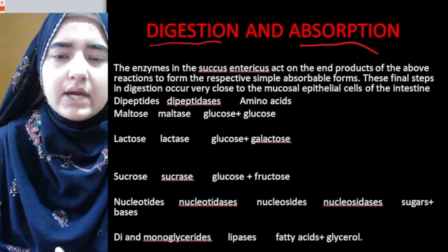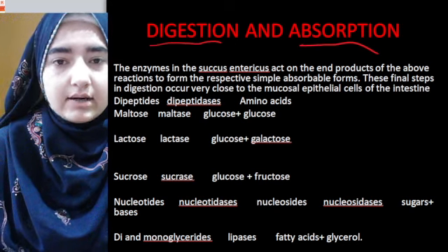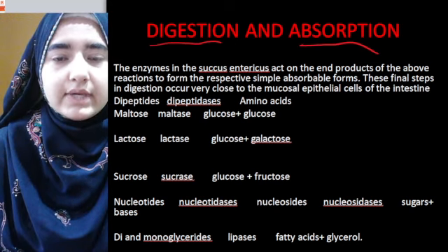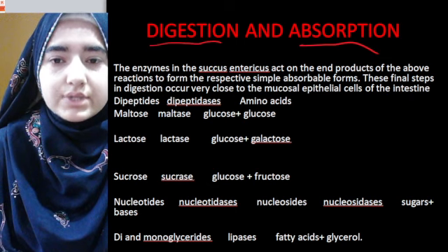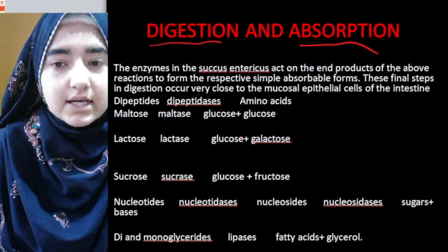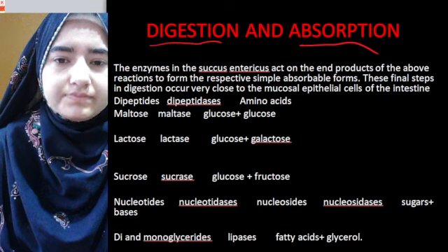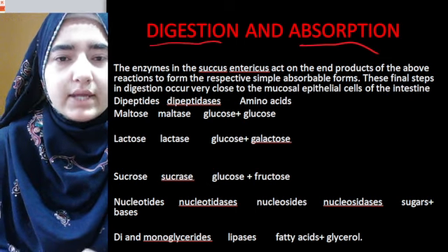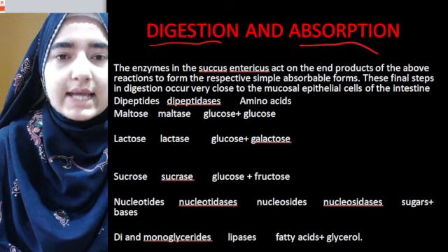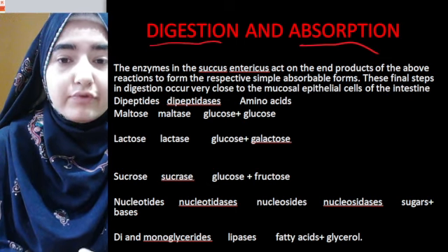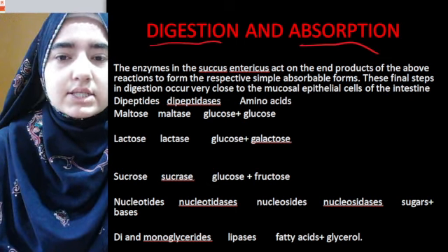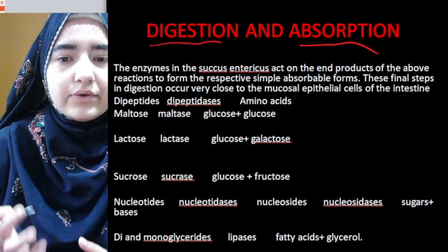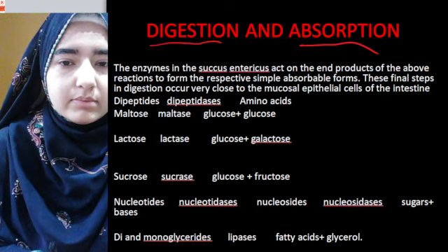Similarly, we have so many enzymes found in pancreatic juice. Similarly, in intestinal juice, another name of which is succus entericus, the end products of various substances, like of proteins, like of fats, like of so many products, they act on those products, and thus convert them into absorbable forms.